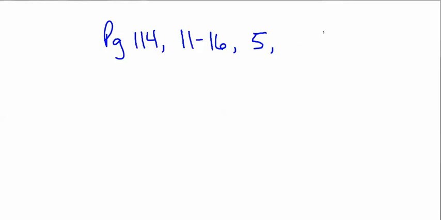And then 19 through 22. And after you do those, I want you to do 18. Does it have to be in that order? Yeah. That's why I wrote it up there that way.